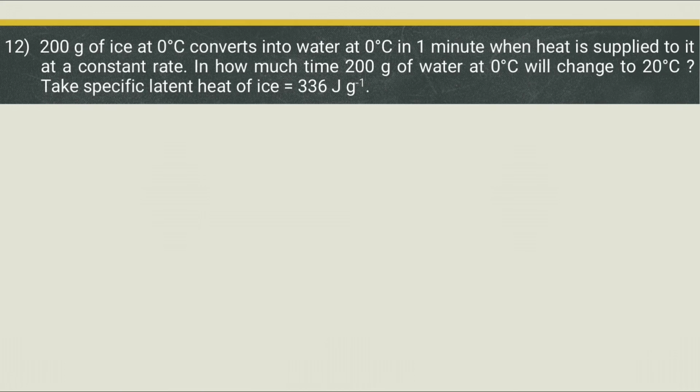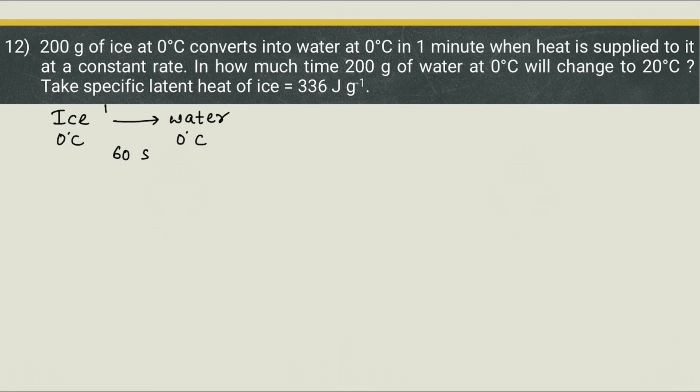In how much time will 200 gram of water at 0 degree Celsius change to 20 degree Celsius? So here, first ice at 0 degree Celsius changes to water at 0 degree Celsius. In how much time? 1 minute, or we can say 60 seconds.